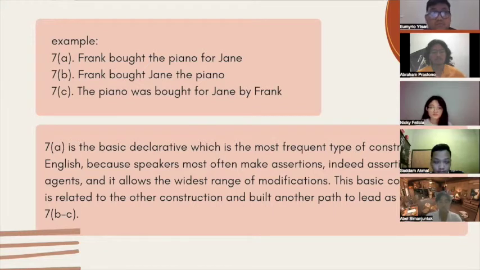This basic construction is related to the other constructions and builds another path to lead, as in example 7B and C.